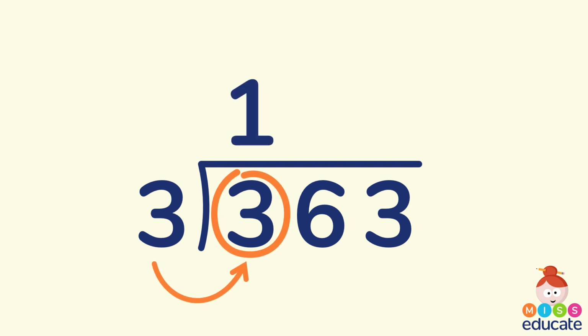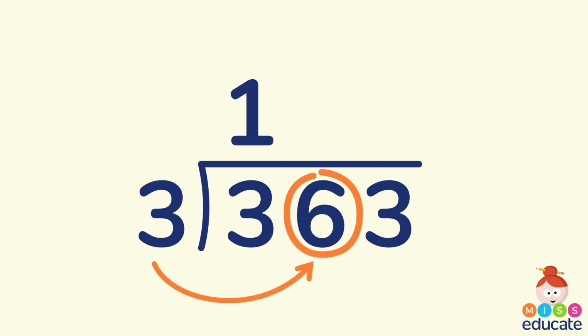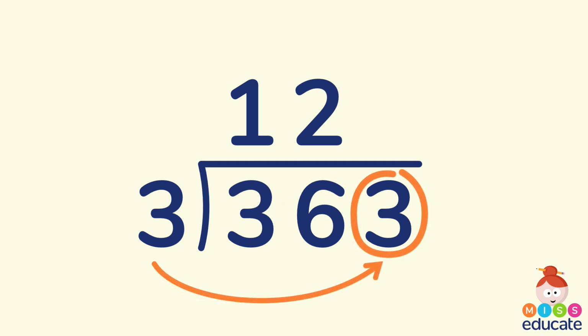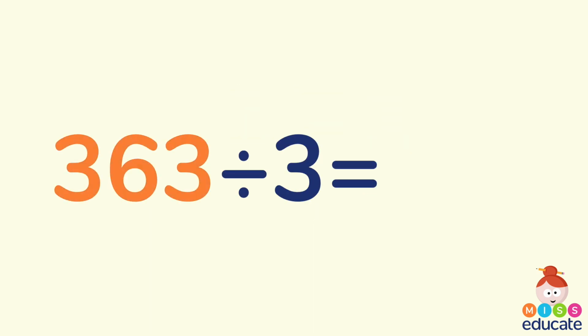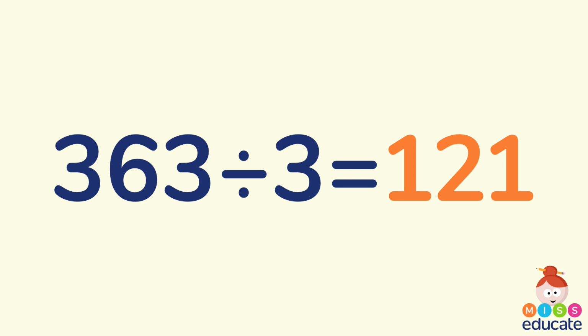There is 1 3 in 3. 1 times 3 is 3. How many 3s in 6? 2 lots of 3 in 6. So the 2 goes above the 6 on top of the bus stop. And finally, there again, 3 into 3 goes once. And so we end up with the answer on top of the bus stop of 121. So 363 divided by 3 is 121.